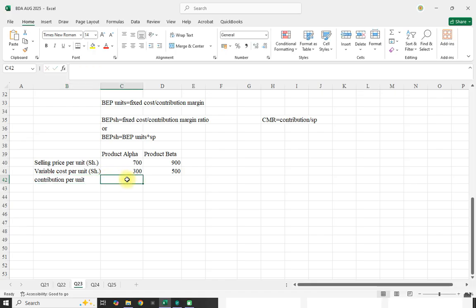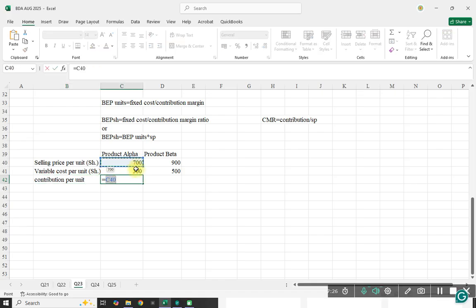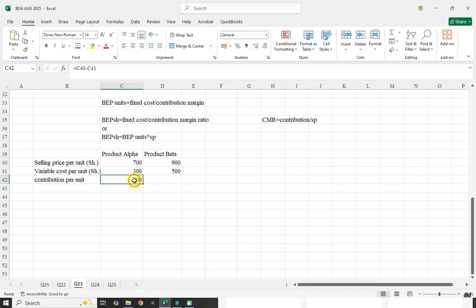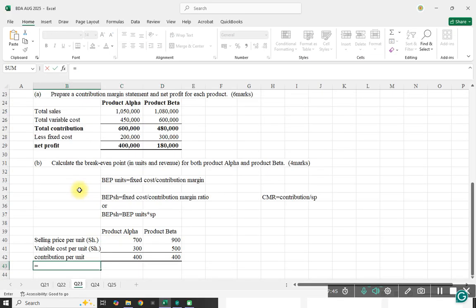We'll have our contribution per unit that way. So that is our contribution per unit, and therefore with the contribution per unit, and we have the fixed cost.